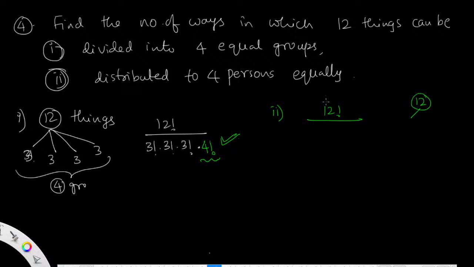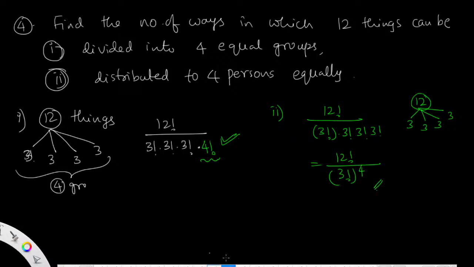Twelve persons can be distributed into 4 groups equally, that is 3, 3, 3, 3 persons each. Then it is 3 factorial into 3 factorial into 3 factorial into 3 factorial. So that goes to 12 factorial by 3 factorial whole to the power of 4, only 4.